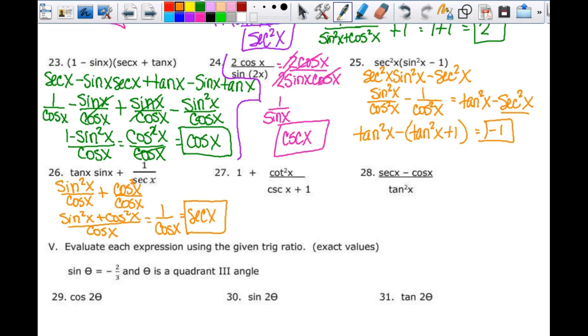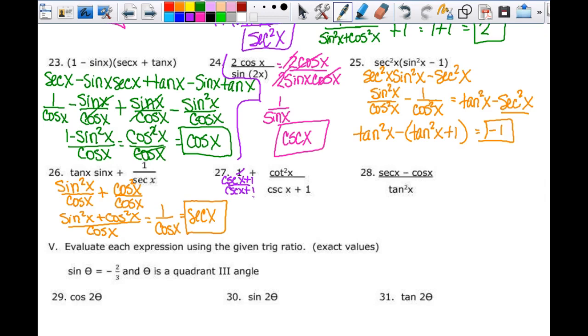All right, so 27. I would start by getting a common denominator. So that's going to change this 1 to cosecant x plus 1 over cosecant x plus 1.